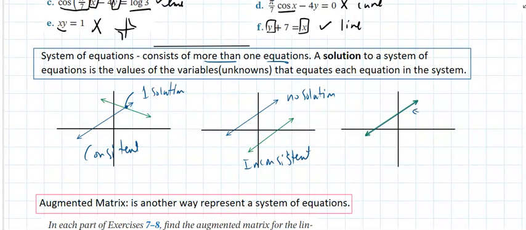And we could have 2 identical lines that would also be consistent. So if there is a solution, we call it consistent, but here we have infinite solutions. Okay, I'm having a hard time writing today. Infinite amount of solutions.